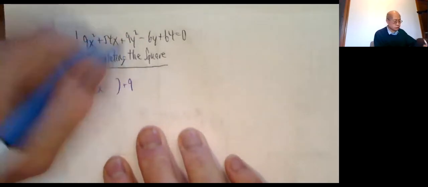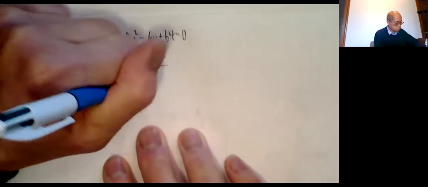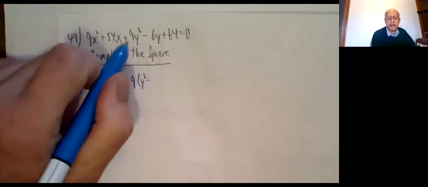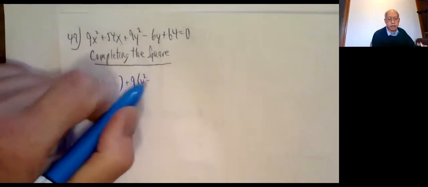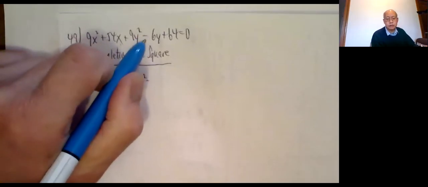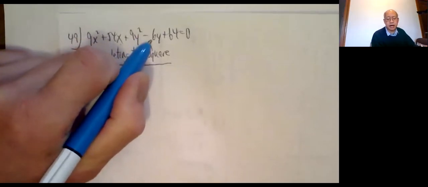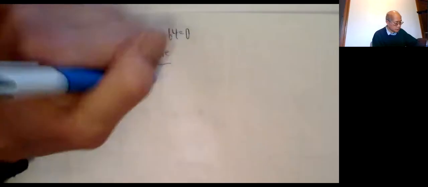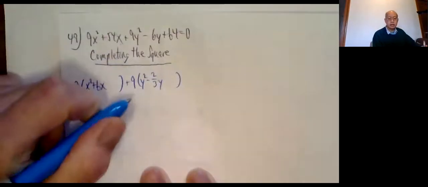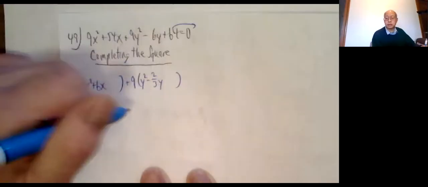Factor out the 9 here also. How do I take out a 9? Well, you're multiplying by 9 here, so I'm dividing by 9. What is negative 6 divided by 9? Negative 6 divided by 9 is negative 2/3. Leave a space. Throw the 64 over.